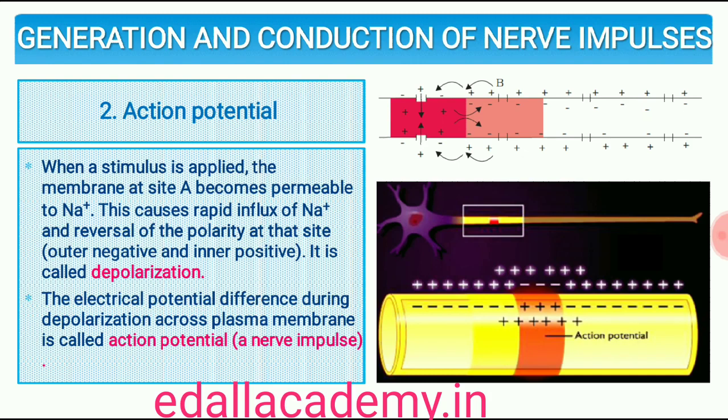This leads to a rapid influx of Na+ followed by the reversal of the polarity at that site, that is, the outer surface of the membrane becomes negatively charged and the inner side becomes positively charged. The polarity of the membrane at site A is thus reversed and hence depolarized. The electrical potential difference across the plasma membrane at site A is called the action potential, which is in fact termed as a nerve impulse.